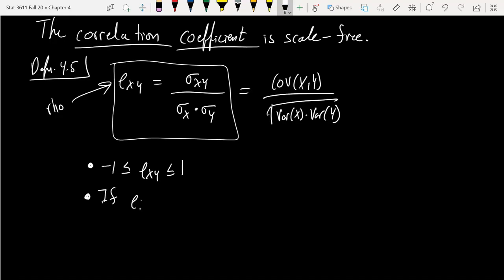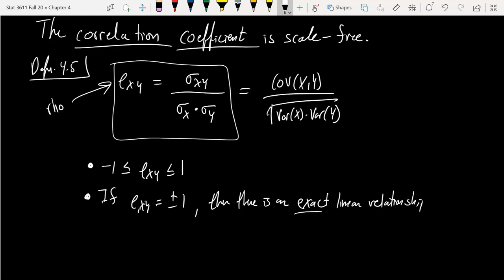I'll also mention that if the correlation coefficient is exactly equal to plus or minus 1, then there is an exact linear relationship between x and y.